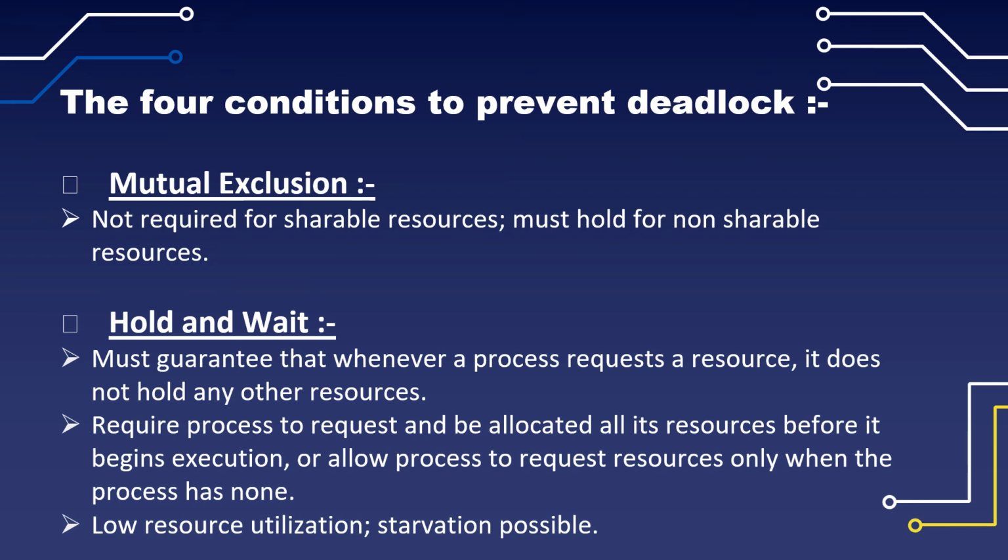When the process has none, we can allocate the resources to execute. So this can prevent the happening of the deadlock. The drawback is low resource utilization.